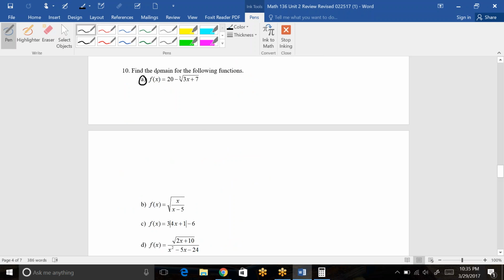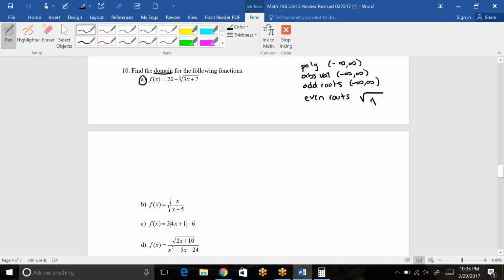When you're dealing with domain, because that's in the directions, remember we said that polynomials would be all real numbers. Absolute values are also all real numbers. And odd roots are all real numbers. The only things we've learned about so far that give us issues are even roots.